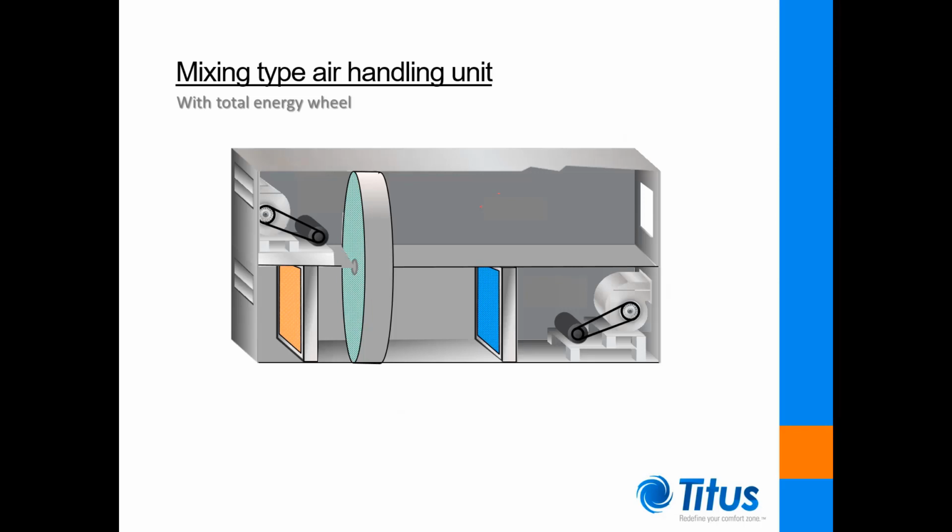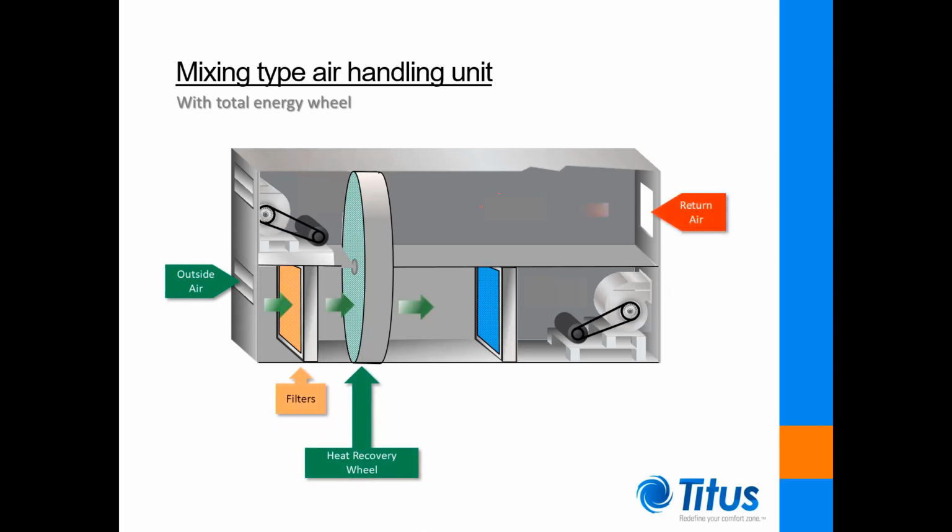Now let's take a look at a conventional mixing type air handling unit. A predetermined amount of outdoor air is drawn into the unit, filtered, and then passed through an energy recovery device such as a rotary heat wheel. Meanwhile, air returned from the space passes through the opposite side of the wheel. The rotating wheel then transfers heat and moisture between the outdoor airstream and return air that will later be exhausted.